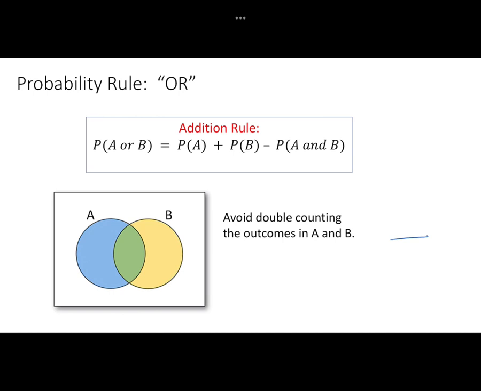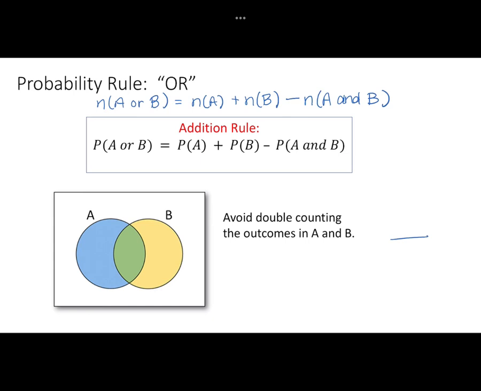The probability of A or B occurring is equal to the probability of A plus the probability of B minus the probability of A and B. And in fact, we saw when we counted that the number of things in A or B is equal to the number of things in A plus the number of things in B minus the number of things in A and B. And we just subtract that because it was double counted in both A and in B's count. So again, be careful about double counting.